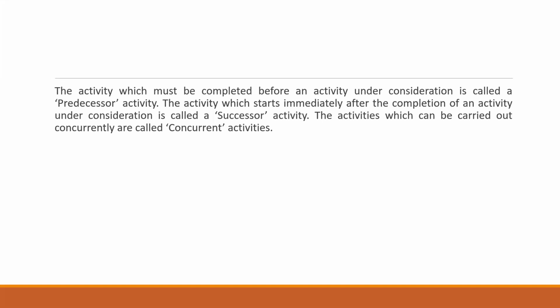The activity which starts immediately after the completion of an activity under consideration is called a successor activity. The activities which can be carried out simultaneously will be called concurrent activities.